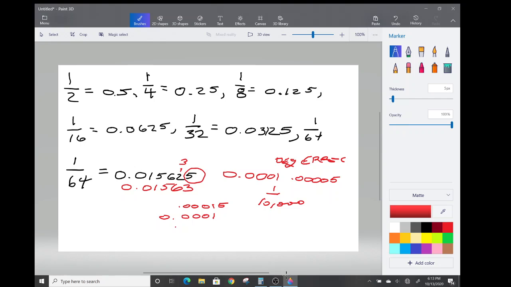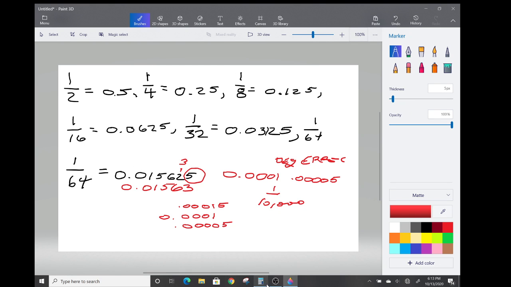What's 0.0001 minus this, right? What would that be? It could be as low as 1, 2, 3, what? 4, 5, right? Isn't that right?